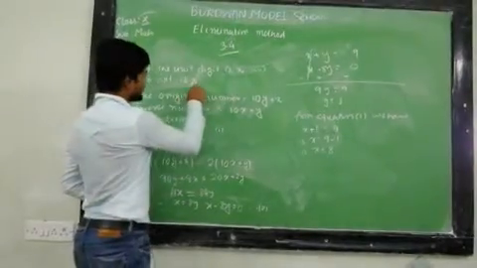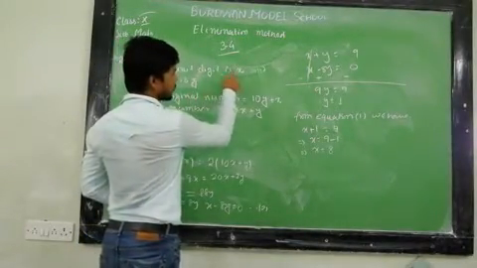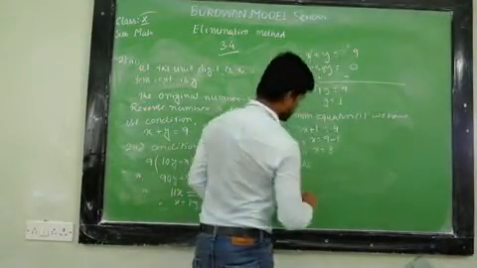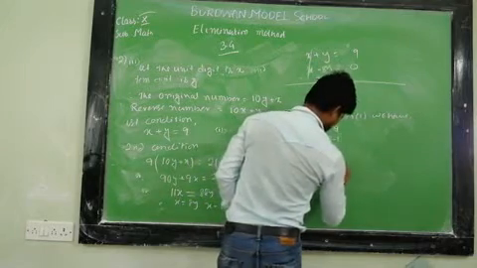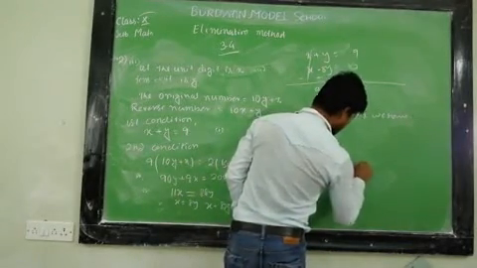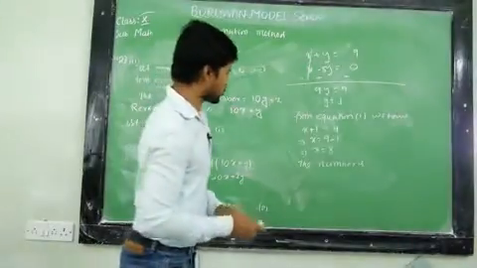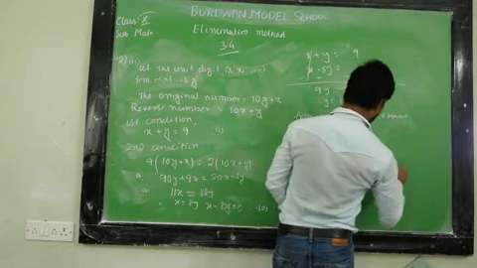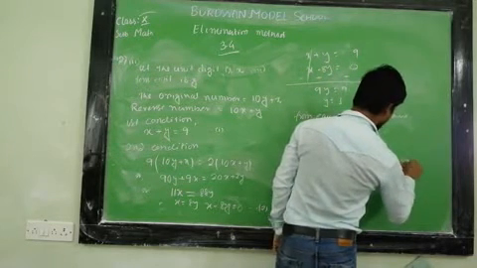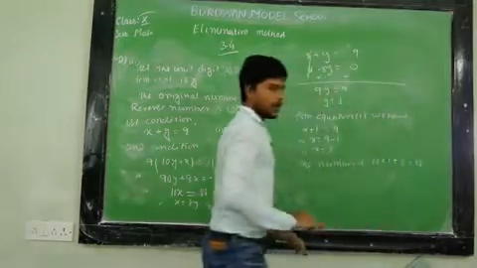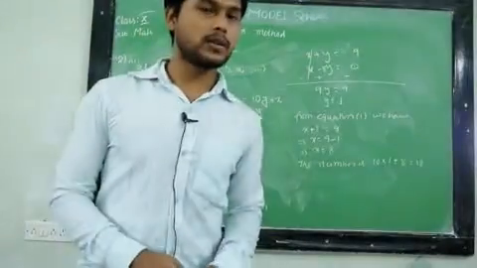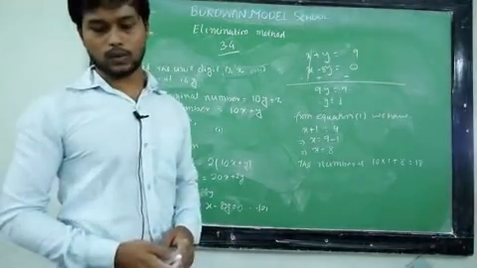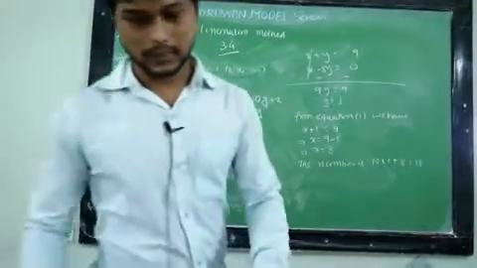That means the tens digit is 1 and the unit digit is 8. Therefore the original number is 10 into the tens digit, which is 1, plus the unit digit, that is 18. And if the question asks to find the reverse number, it will be 10 into 8 plus 1, that will be 81.